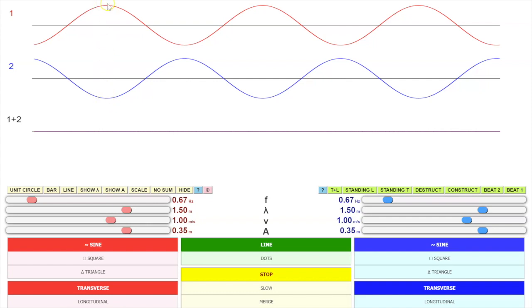These two amplitudes will then balance out and cancel out, leading to a resultant displacement of 0 in our wave sum. Similarly, over here we have a trough for wave 1 at negative 0.35 and a crest for wave 2 at positive 0.35, also canceling out to a wave sum of 0 for wave 1 plus 2.